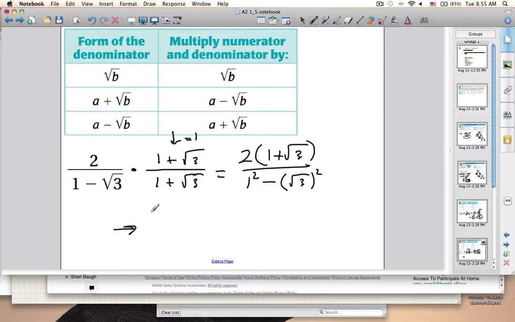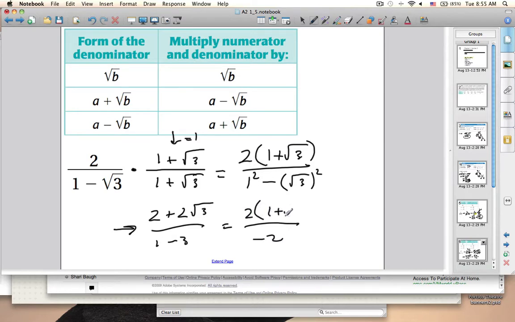If I distribute this, I'll have 2 plus 2 root 3 over 1 minus 3. So in reality, you can see that distributing here at this point didn't really help me simplify because my denominator's going to be negative 2. So I'm actually going to go back to this form.